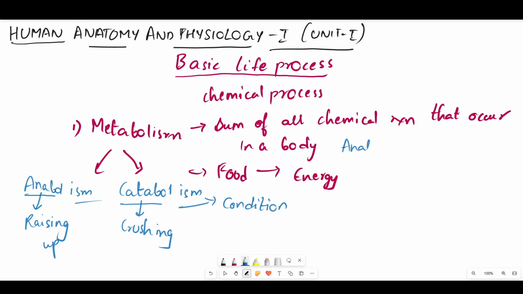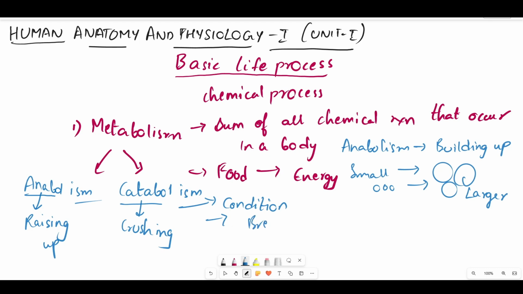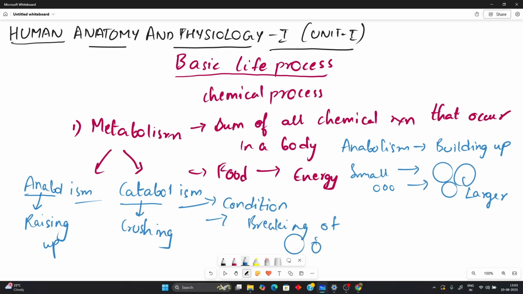Anabolism is the process of building up smaller molecules into larger components. Small molecules are converted into larger components, and that process is called anabolism. Catabolism is the breaking down of larger molecules into smaller ones.